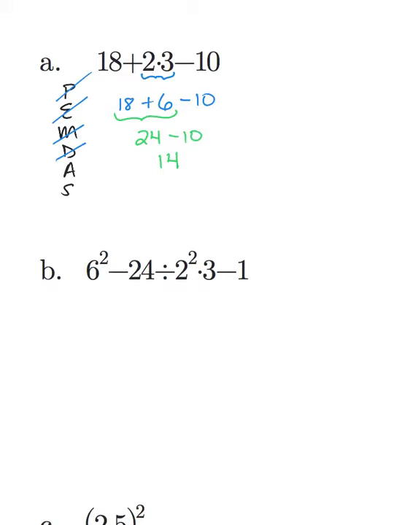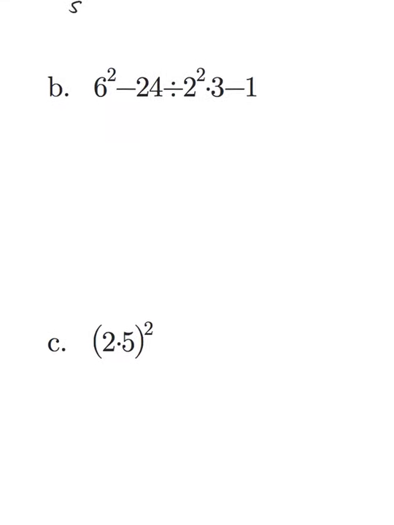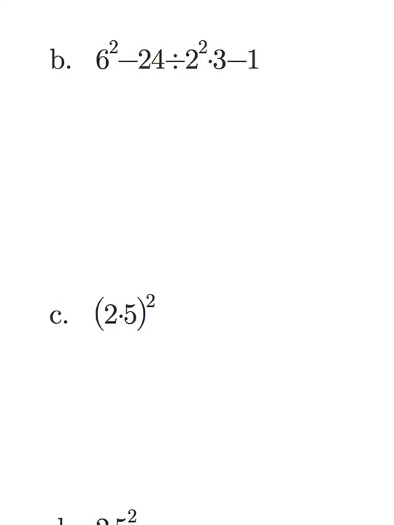Okay, so that takes care of the first problem. Let's go ahead and move on to example B. Example B, we have 6 squared minus 24 divided by 2 squared times 3 minus 1.